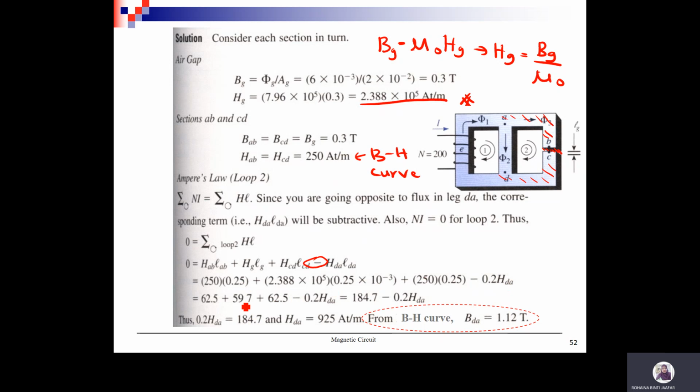Okay, so you rearrange and then solve the equation.